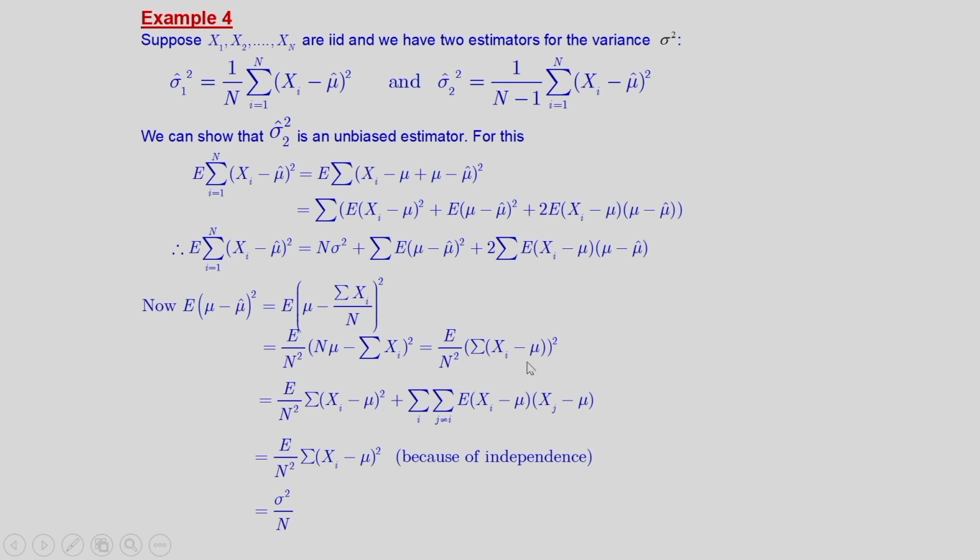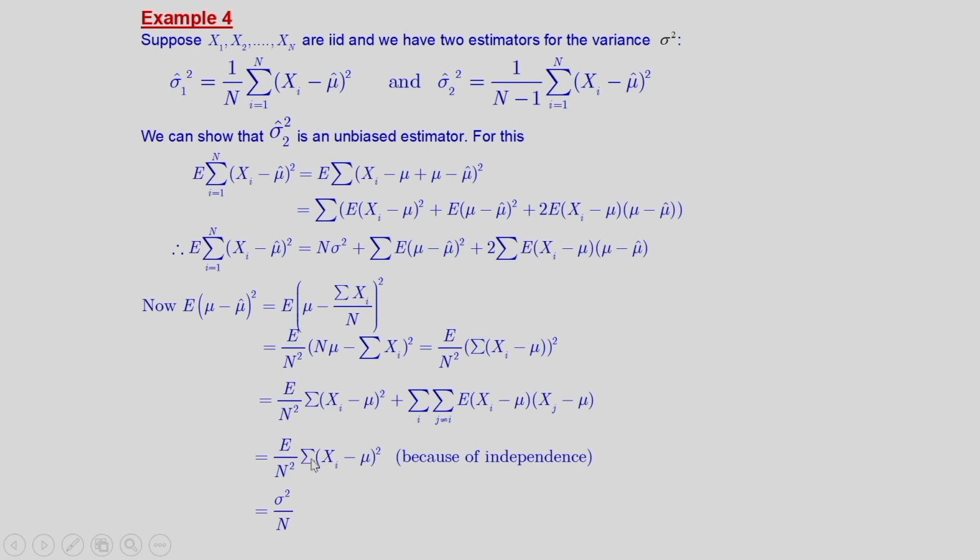Now this is again a summation. That summation we can write in terms of the individual square terms, E of summation of (xi minus mu) whole square, and then all cross terms we have to consider, (xi minus mu) into (xj minus mu) in this form. Therefore the joint expectation of these quantities will be 0 because of independence. Xi and xj are independent, therefore this expression will become 0.